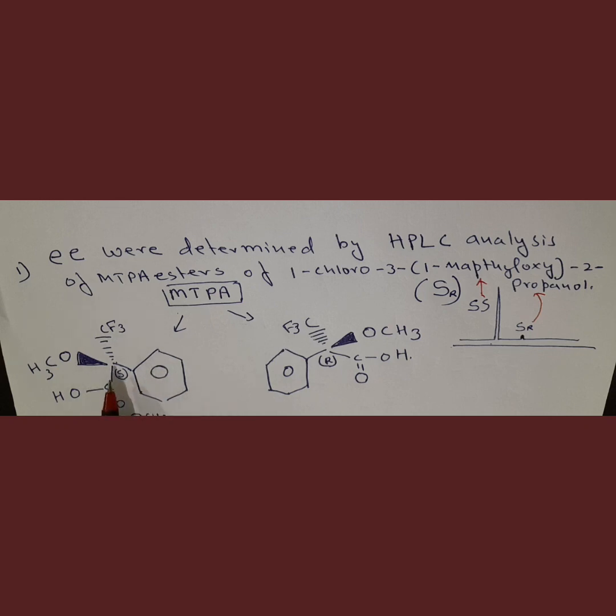Now this obviously is chiral, as to this carbon four different groups are attached. So this is chiral, and this is the enantiomer of that, being a mirror image. Now we take our optically pure compound, which has traces of impurity, say of the R isomer, and we synthesize the MTPA ester of this molecule.